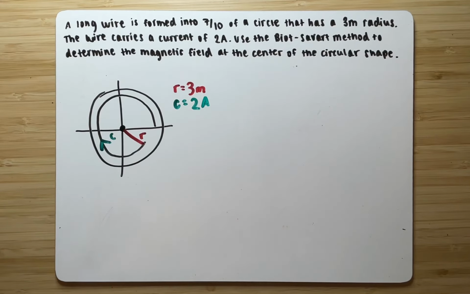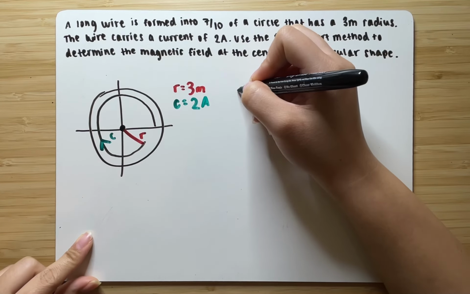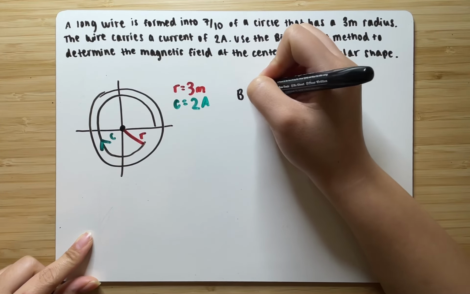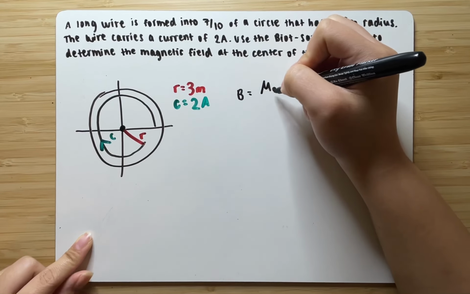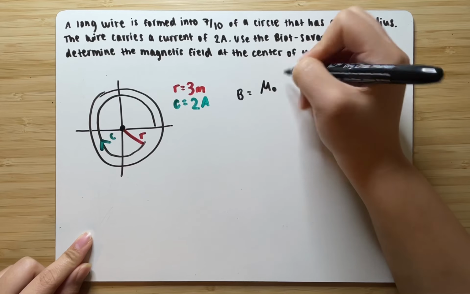Next up, we want to recall the formula to find the magnetic field using the Biot-Savart method. So the magnetic field is going to be equal to mu naught. Mu naught is just a constant. It's the permeability of free space, okay?